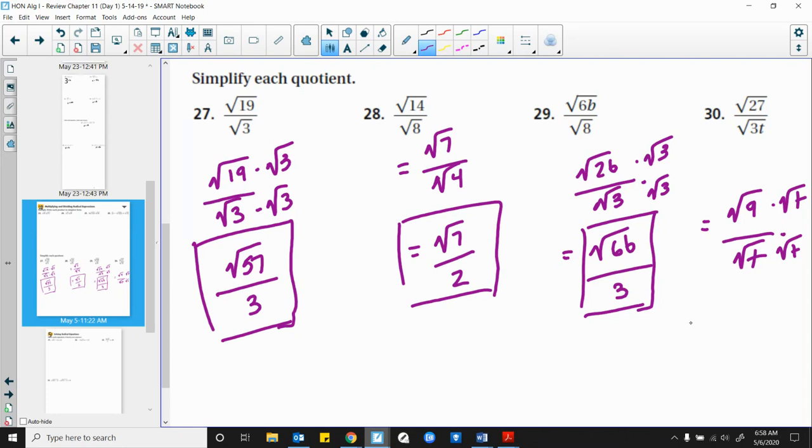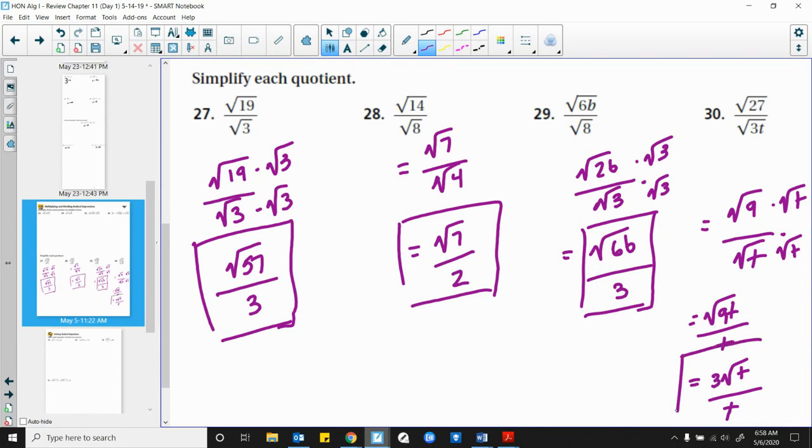In this case now we'll have radical 9t over t. And then radical 9 will simplify to just 3 radical t over t. Because t times t is going to be t squared, and the square root of t squared is just t. Make that look like a t. Okay? All right, so we end up with our answer there.